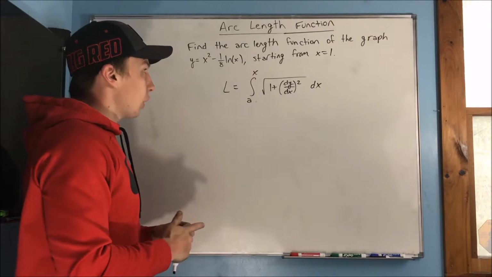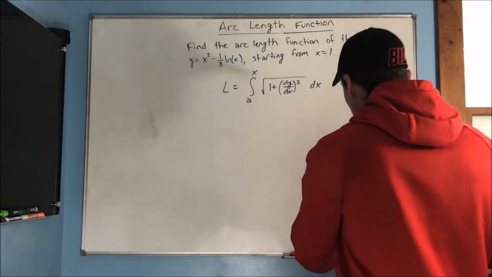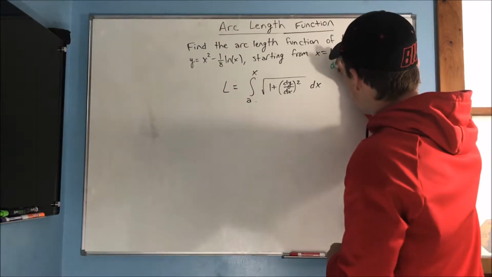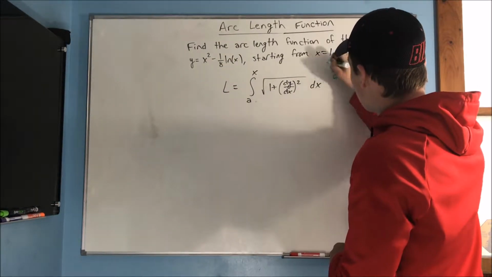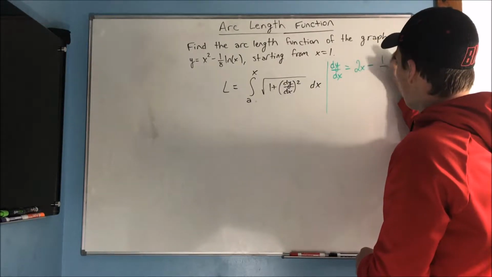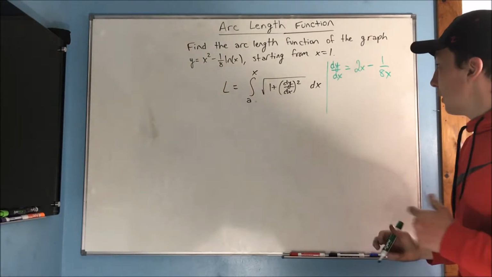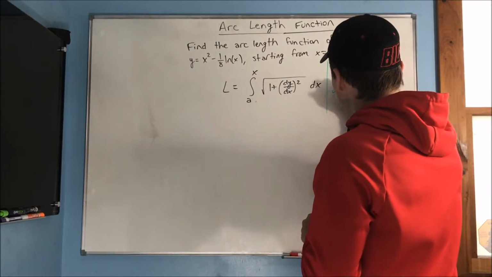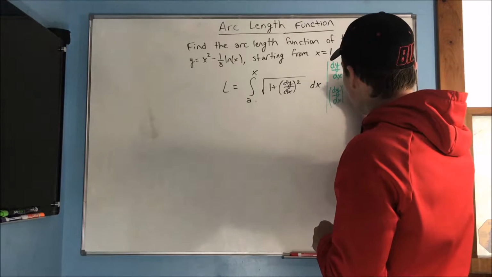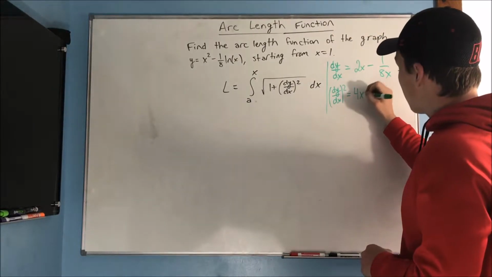Now, to solve this problem, the first thing we need to do, just like the arc length, is find our dy dx. At least that's what I suggest. Dy dx is going to be 2x minus 1 over 8x. And dy dx squared would just be a FOIL. When we FOIL that, 2x times 2x, it's going to be 4x squared.